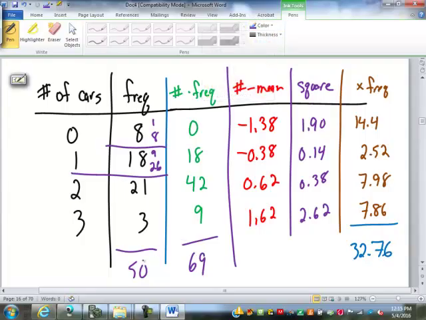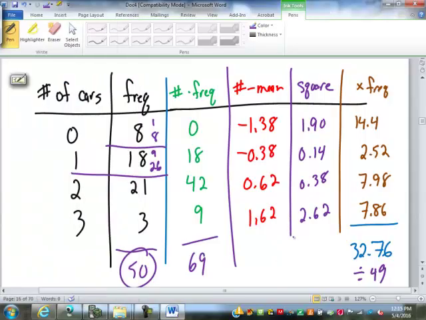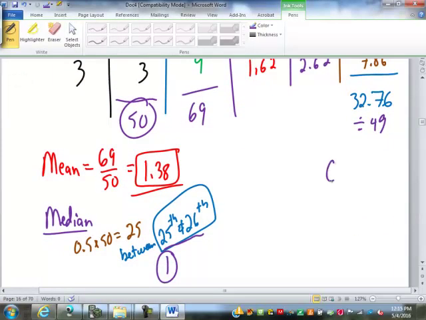And we're going to divide by n minus 1, so we divide by 49. That gives us the variance, but we want the standard deviation, so we square root that. 0.818, we're going to call it, is our standard deviation.